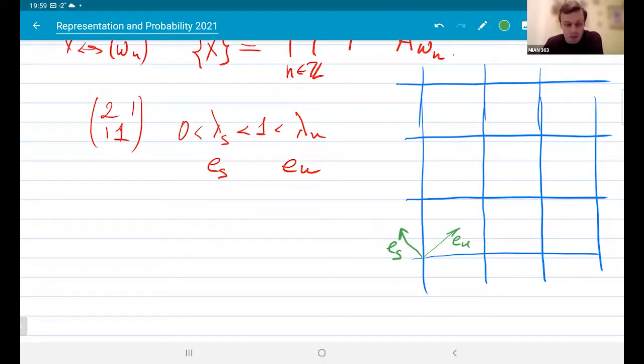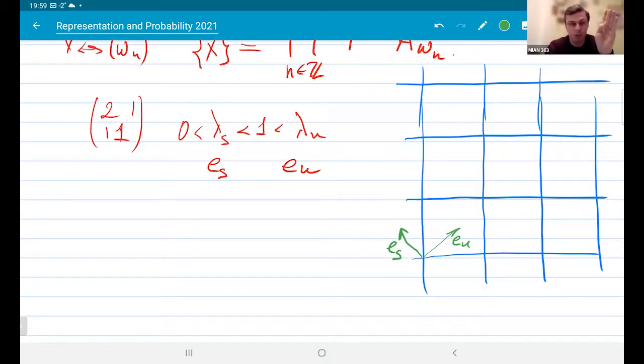And I want to split my torus into two sets, which are rectangles with sides parallel to E_S and E_U. By the way, these directions E_S and E_U are irrational.